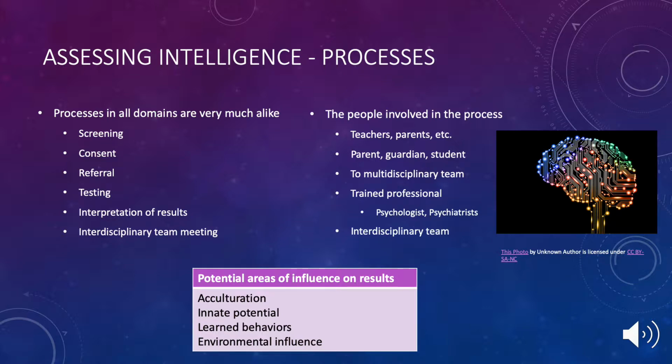The results are interpreted. Usually you get a report, and then you have an interdisciplinary team that meets, and they're usually made up of teachers, the parent, sometimes the student, mainly trained professionals. And for intelligence, you'll have a special educator, psychologist, psychiatrist, and other service providers as needed.